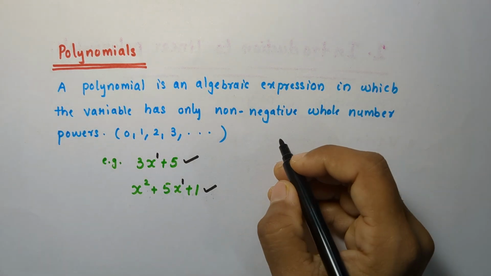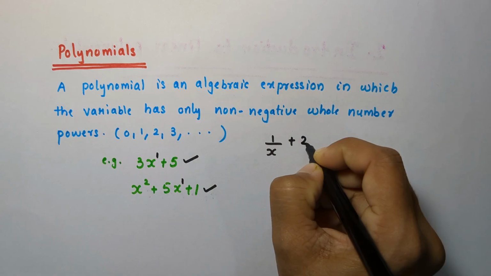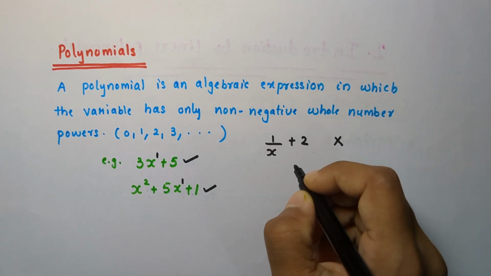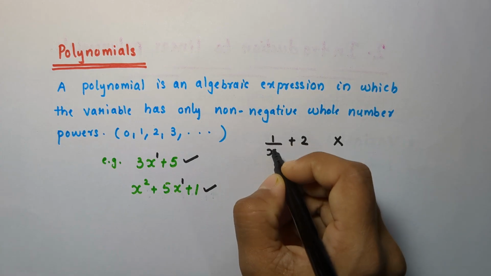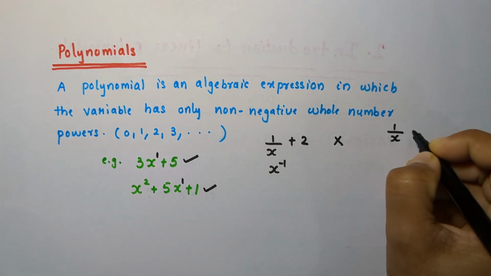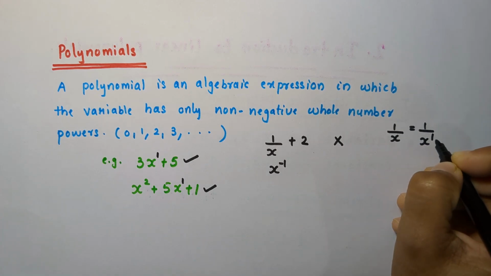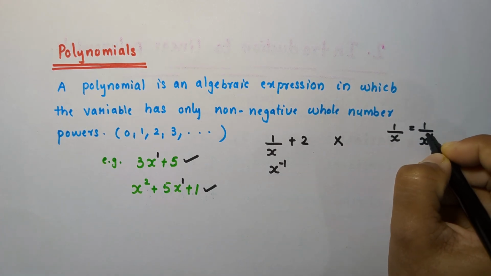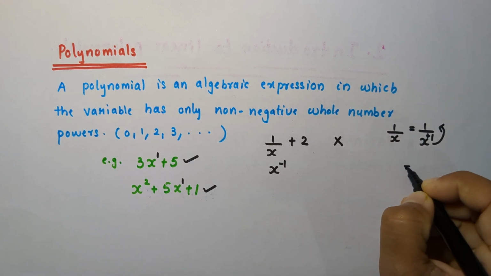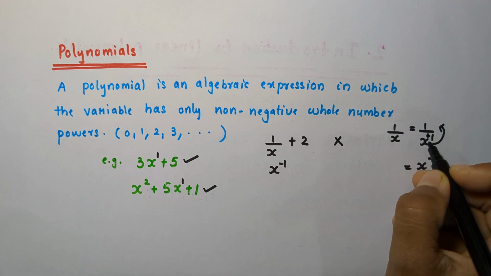Now if you consider another example, 1 by x plus 2, this is not a polynomial. Why am I saying that? Because 1 by x means x raised to minus 1. 1 by x is equal to 1 by x raised to 1. When you take this x raised to plus 1 to the numerator, it becomes x raised to minus 1, because the sign of the power changes when you move it from the denominator to the numerator.